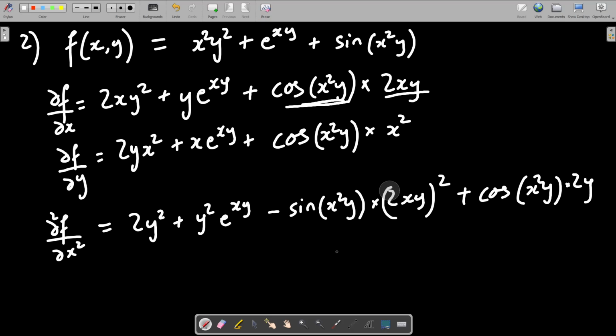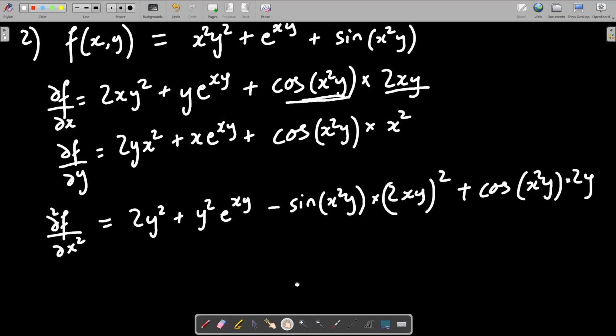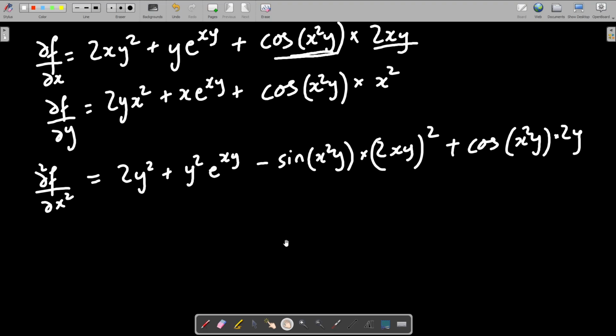We can go further to the third derivative and all. This will be difficult for this problem. Not impossible, but you'll have to sit and just calculate terms here. Same thing we are doing with respect to y, ∂²f/∂y². The first term is 2y, so that will just become 2x².